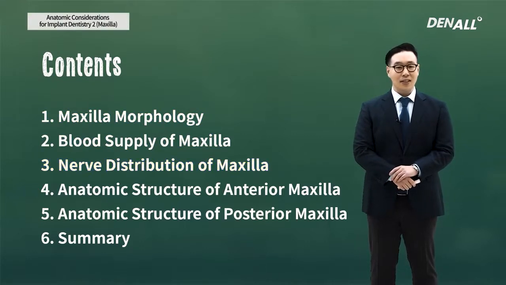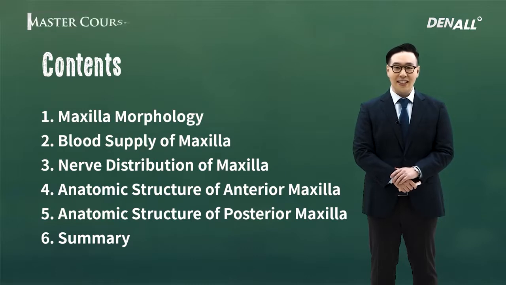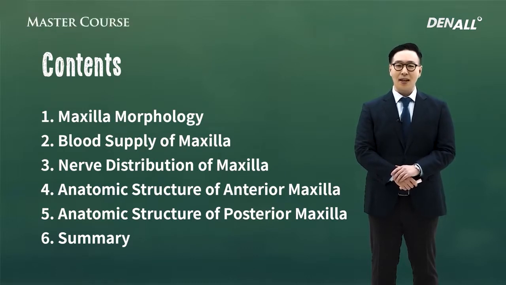Now, at school, you would have already learned about the anatomy of the maxilla, but we are revisiting this again for successful implant placement. So, if you are trying to place implants on the maxillary side, what are the things you need to look out for in terms of anatomic structure for anterior as well as posterior is what I'm going to cover also.